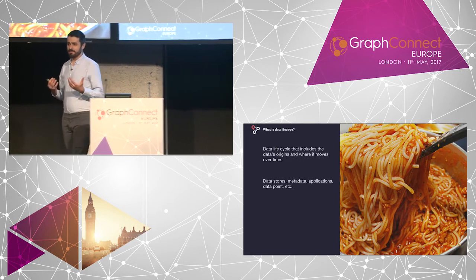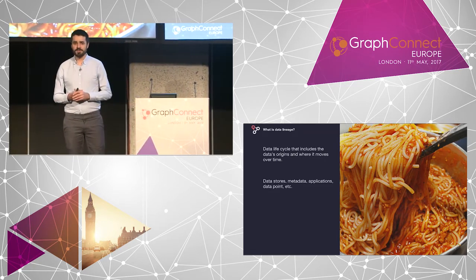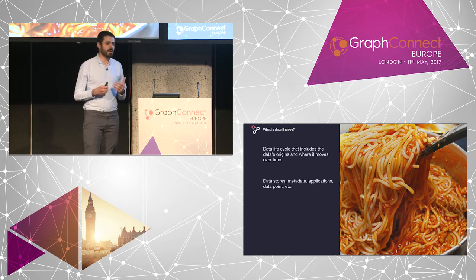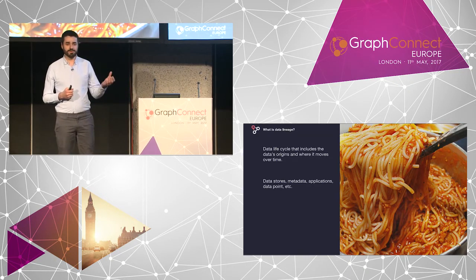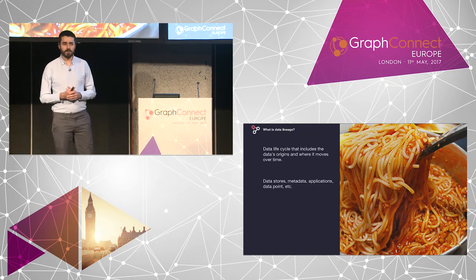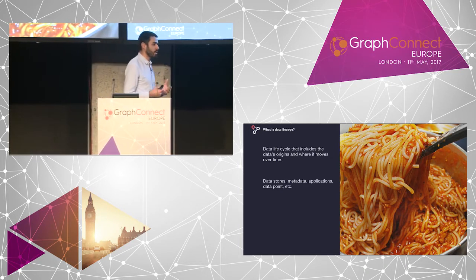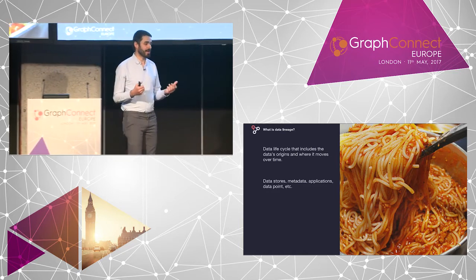Said like that, it may sound a bit abstract, but data lineage is very necessary for common questions. Questions like, where is this particular data point originating from? Or what would be the impact of me removing or changing a process in my data pipeline?